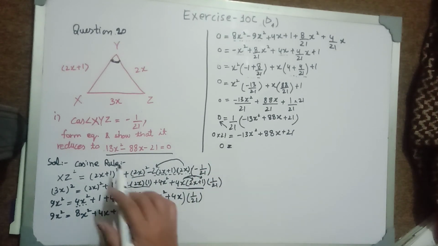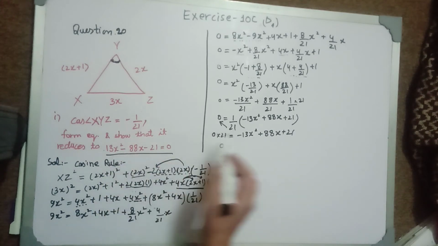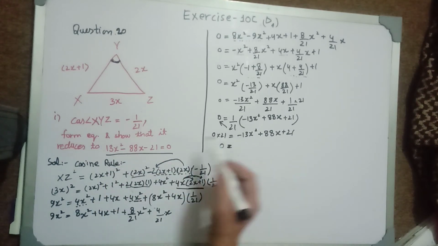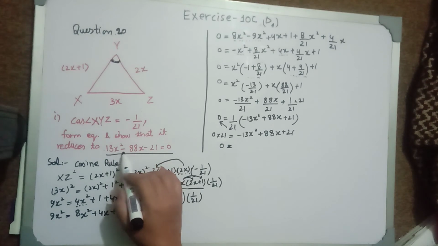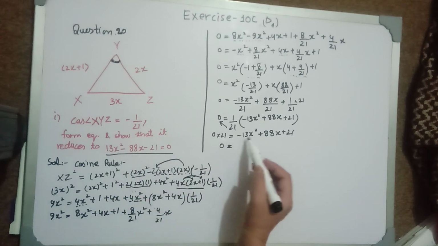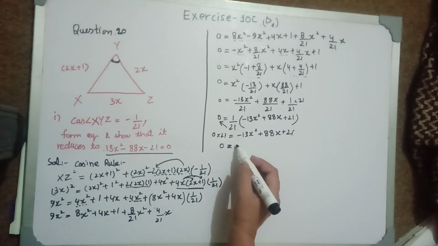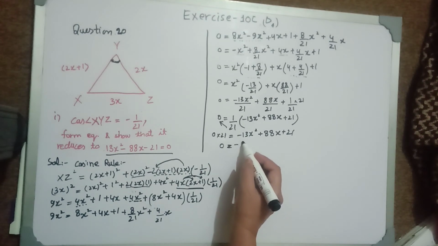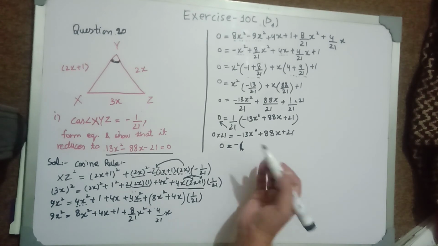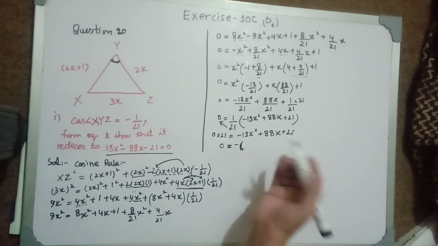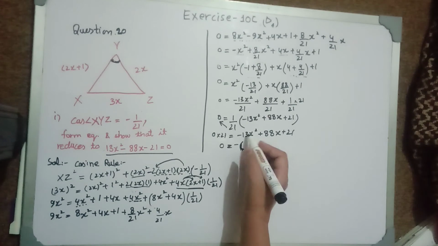Now if you compare this side again, we will see that 13x square is positive and the rest of the terms are negative, but here 13 is negative and the rest of the terms are positive. So I'm going to take minus common from here, and we know that when we take it common, the terms which are negative turn into positive, and vice versa, right?